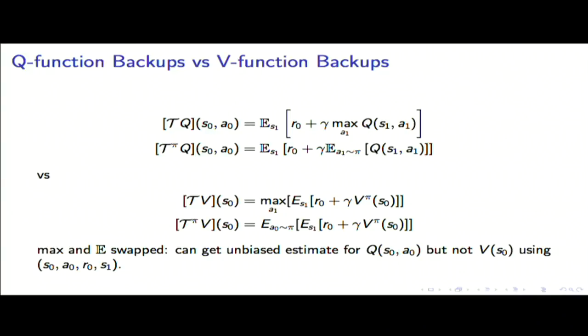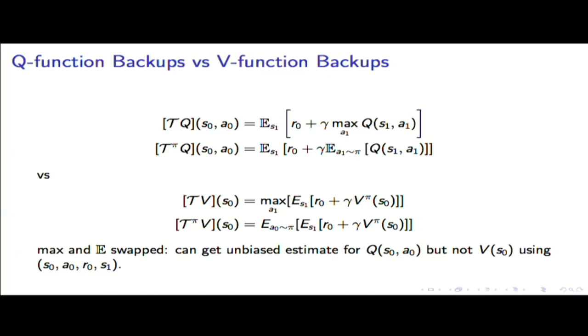Okay, so let's do a last comparison of the backups that we got for Q functions and for the state value functions V. And the point here is, why are we using Q functions instead of V functions? Our goal today is to get a model-free version of value iteration and policy iteration. So let's compare the backup operators.